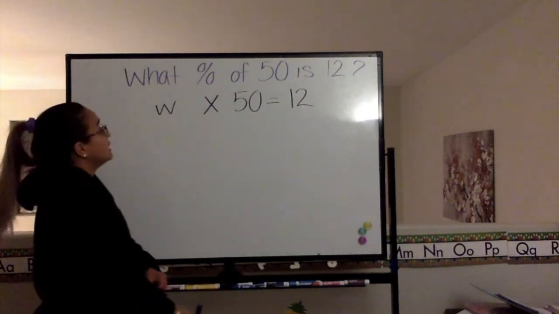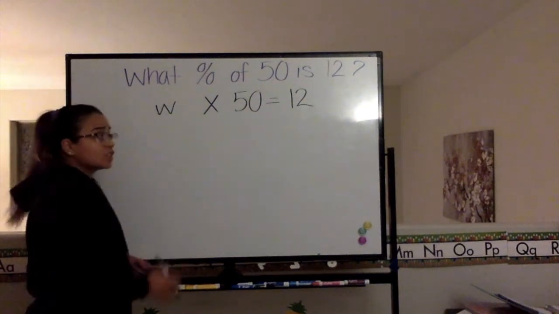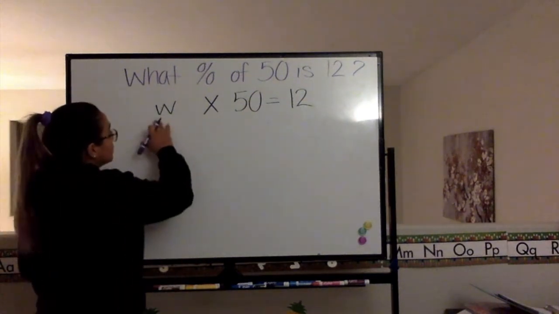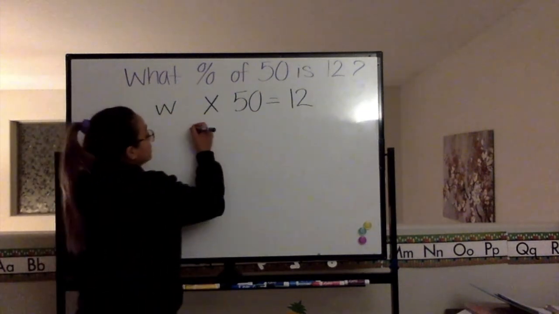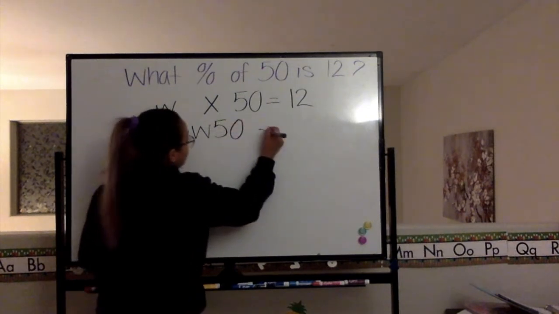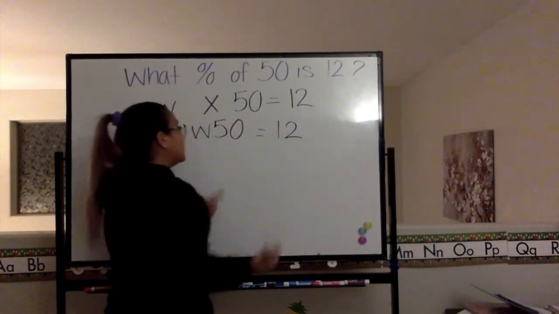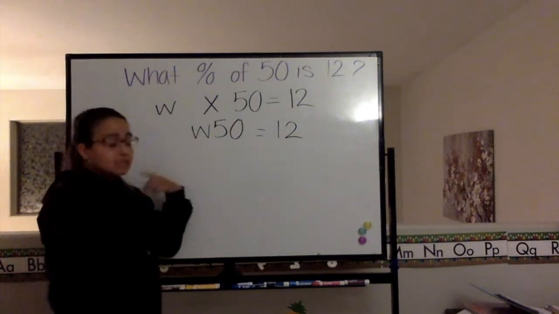Okay? Now, let's start on this side of the equation. We're going to start off by multiplying W times 50. W times 50 equals W50. But obviously, 50 is our coefficient and W is our variable. Coefficient means that it's our main number.